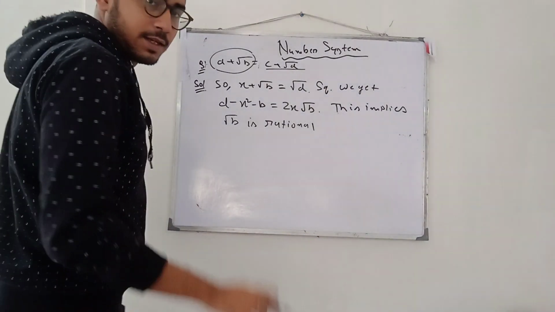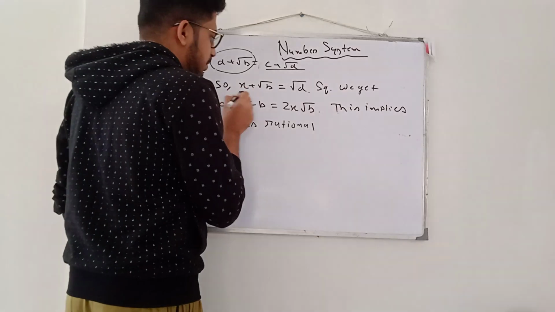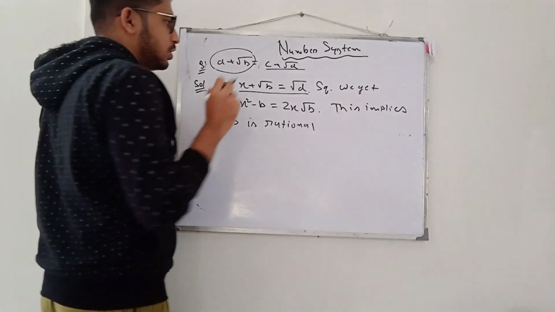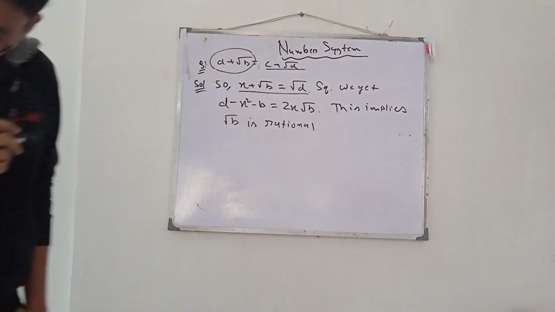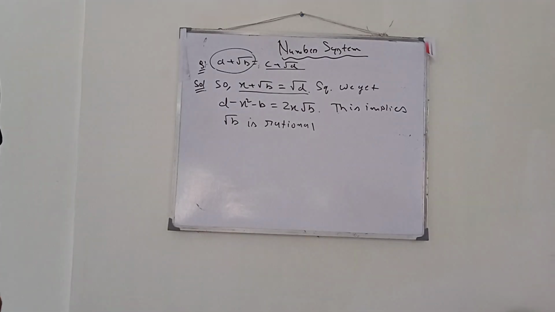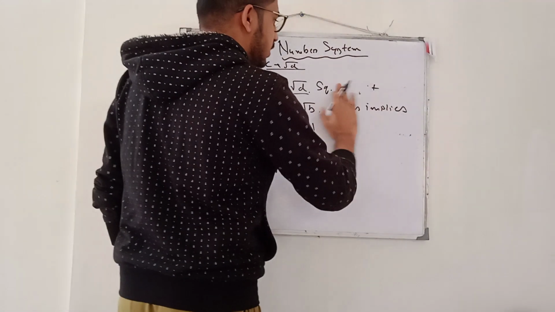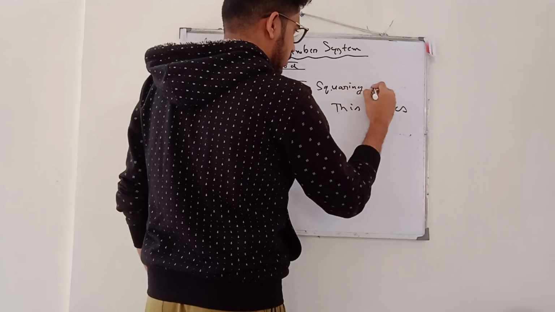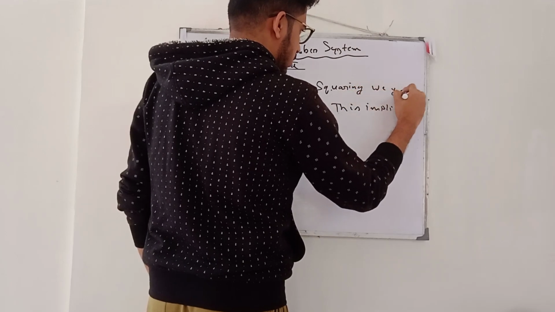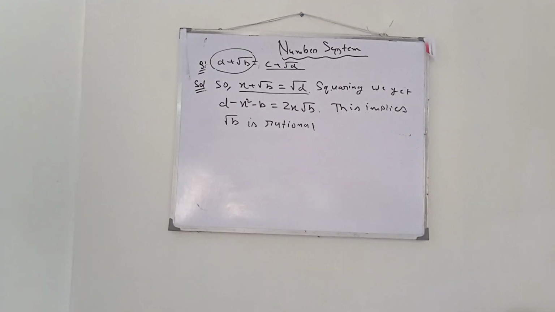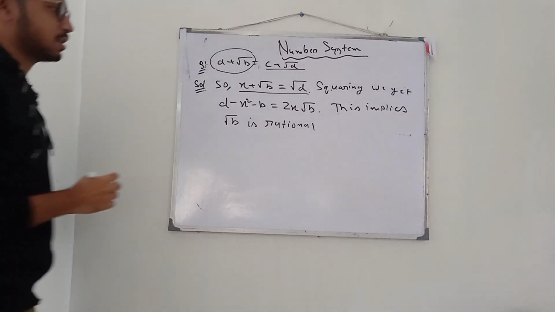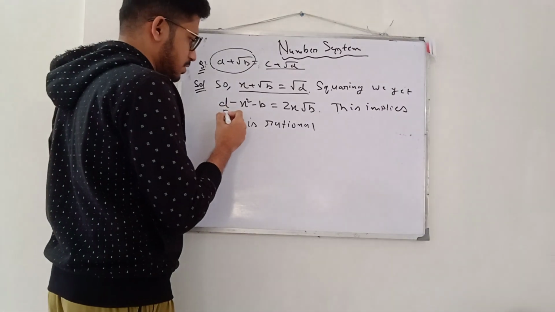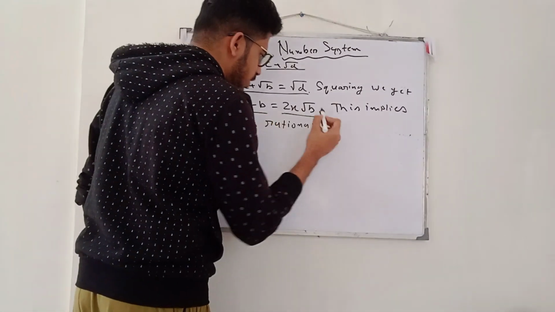Now here's the question: x plus root b is equal to root d. Squaring, we get d minus x square minus b is equal to 2x root b.